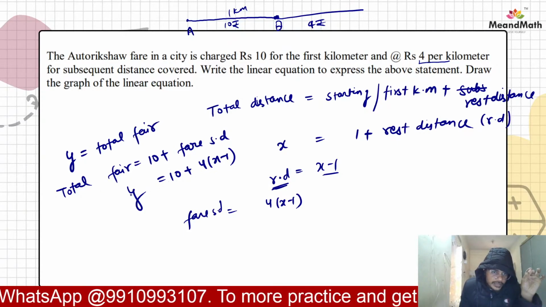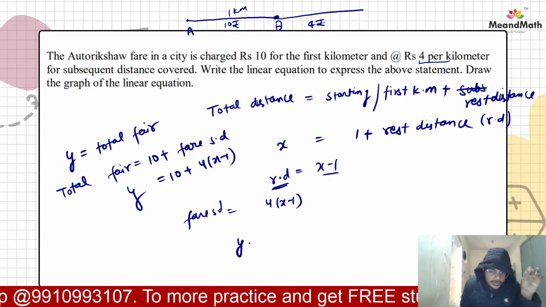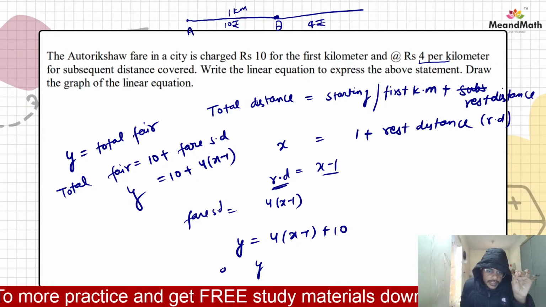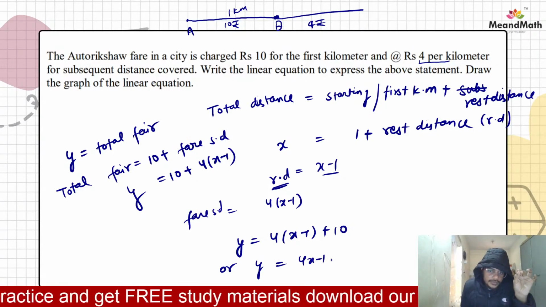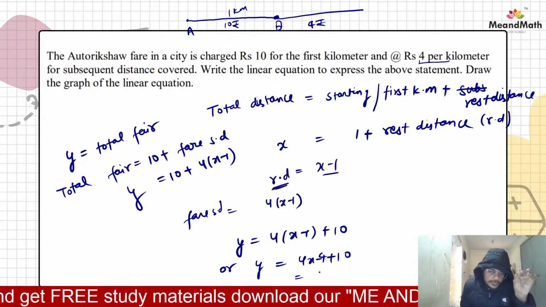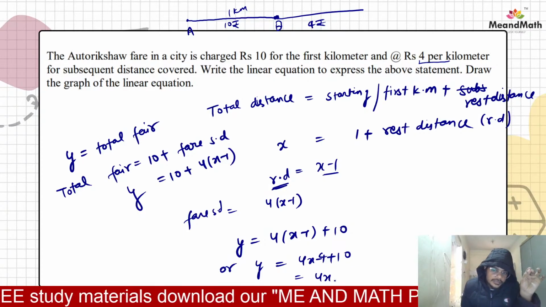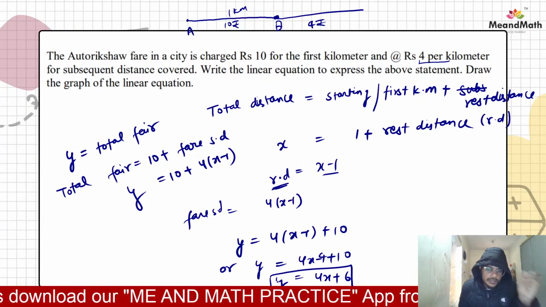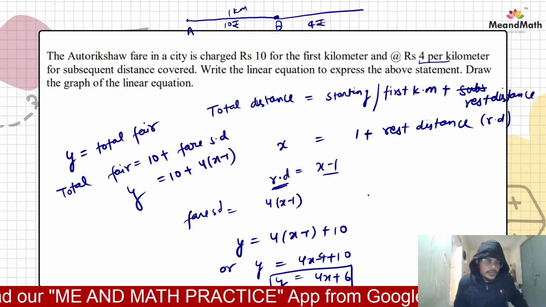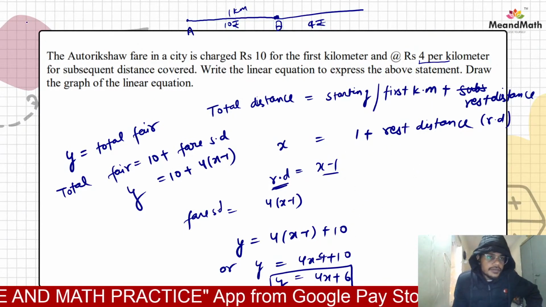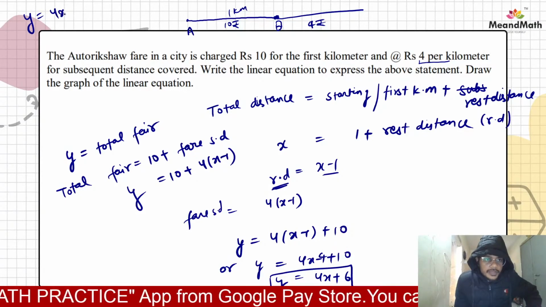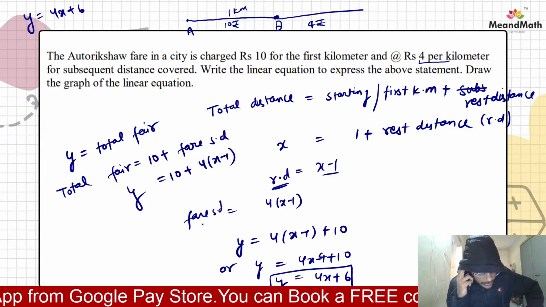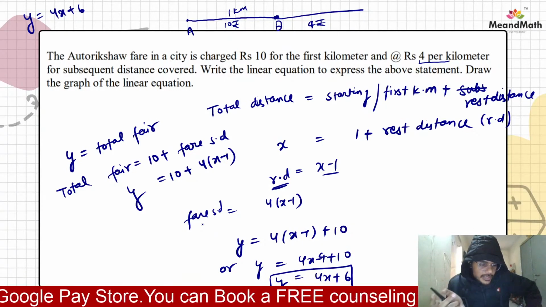So y is equal to 4 into x minus 1 plus 10, that is 4x minus 4 plus 10, that is 4x plus 6, which is equal to y. If you have any doubt, you can ask. Now we are going to plot this function. The y value is 4x plus 6, and now we are going to plot this. If you have any doubt in this question, you can ask me again.